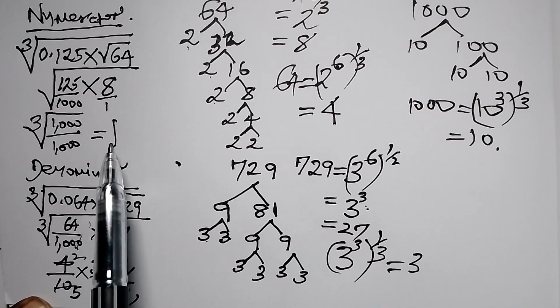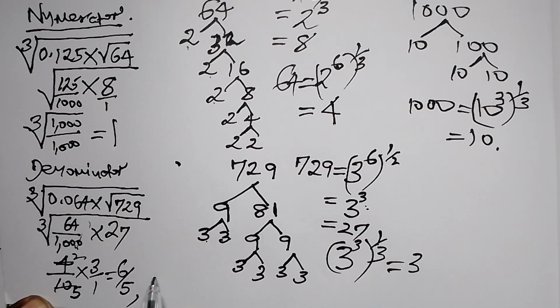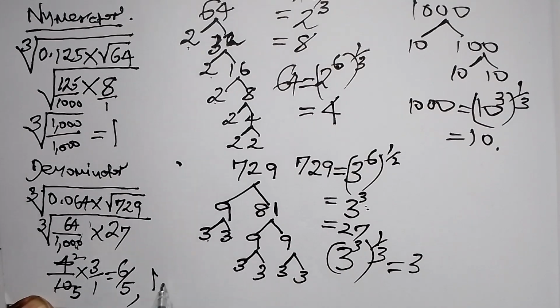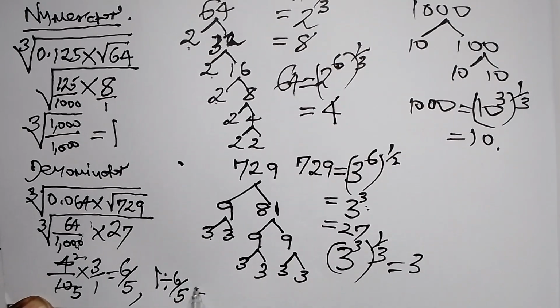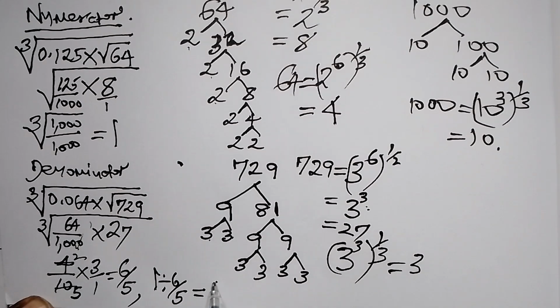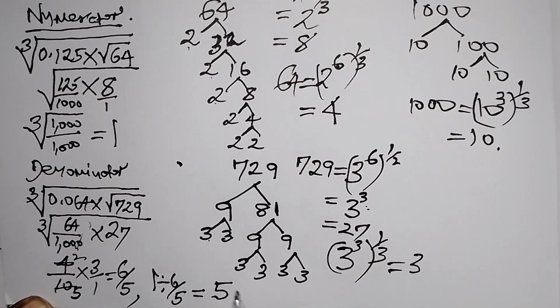We now have to get the value, 1 divided by 6 over 5, which is 1 times the reciprocal of this. 1 times 5 over 6, which gives you 5 over 6.